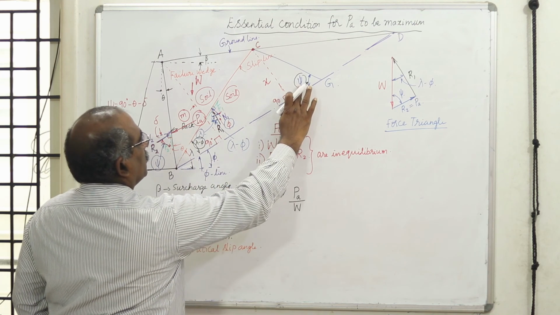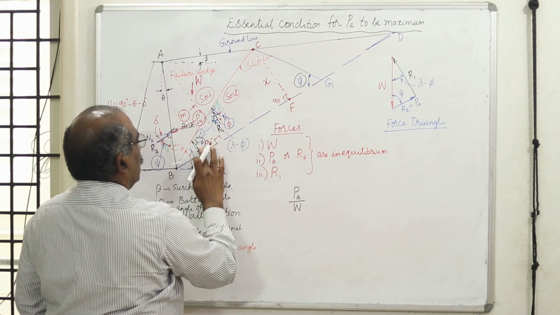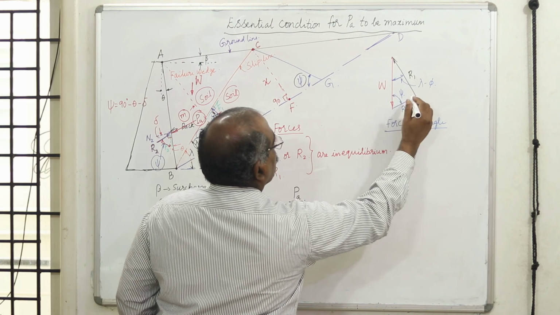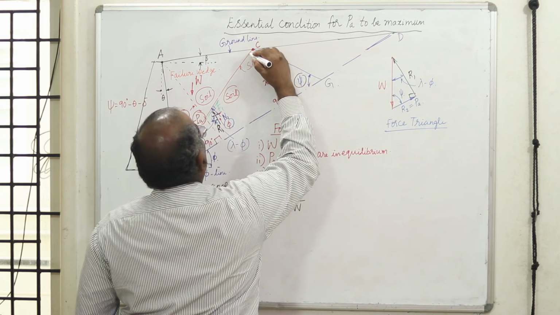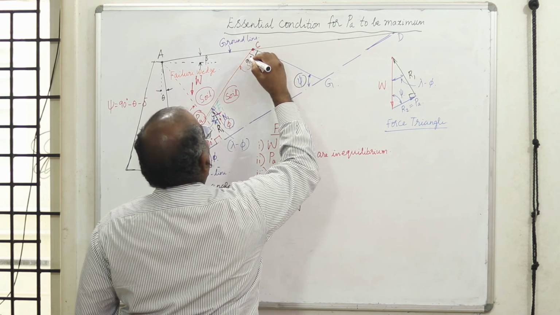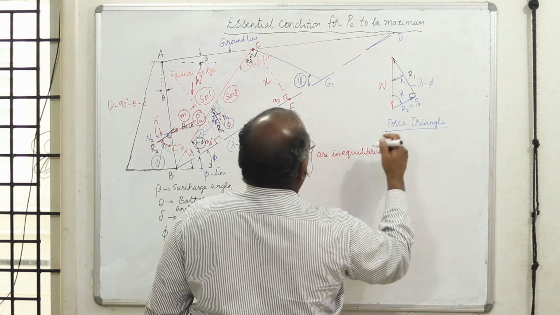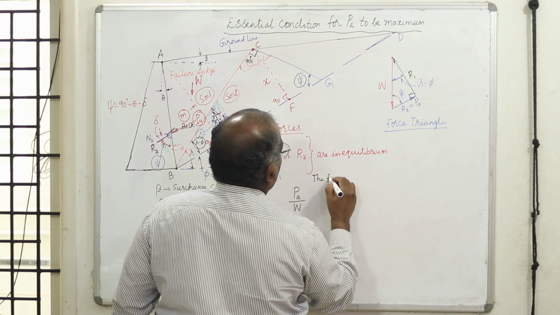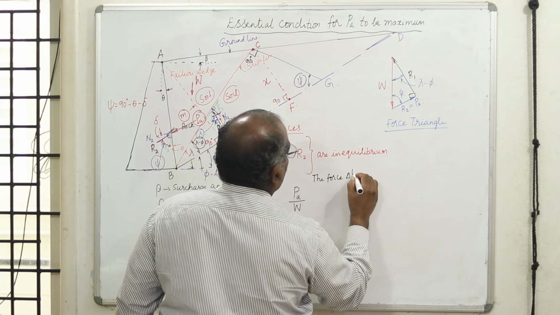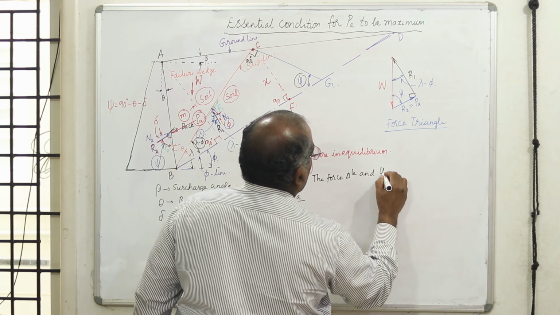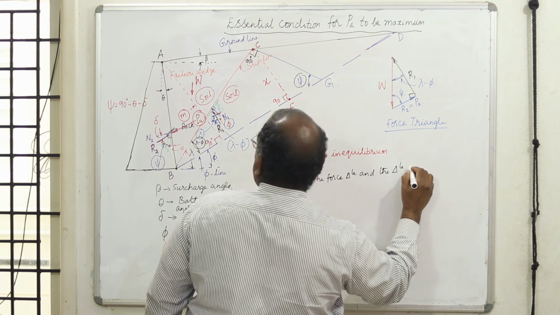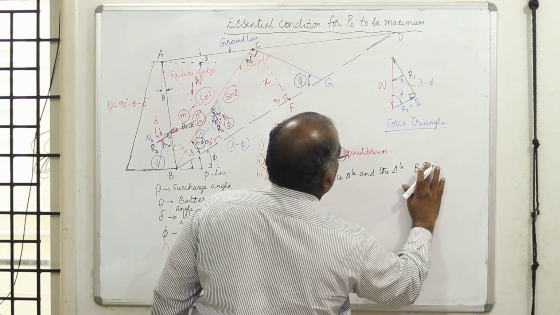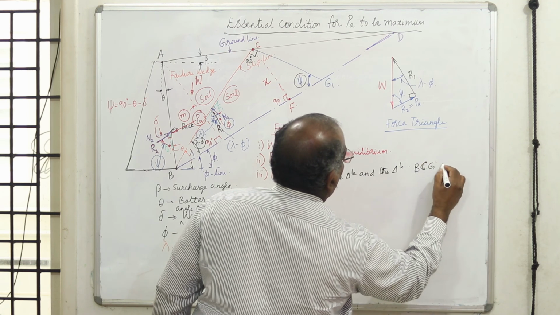Now this angle is psi, this angle is lambda minus phi, therefore this is 90 degrees, this also has to be 90 degrees. Therefore, these two triangles, the force triangle and the triangle BCG, are similar.